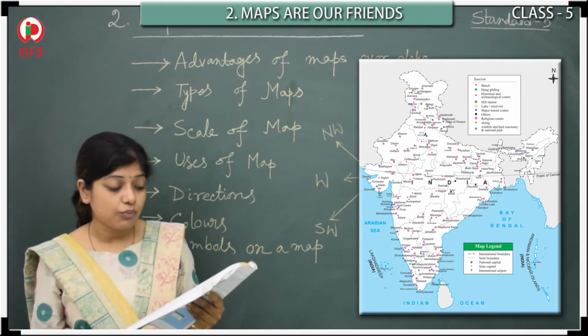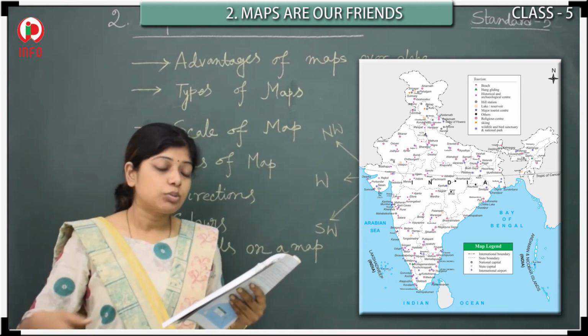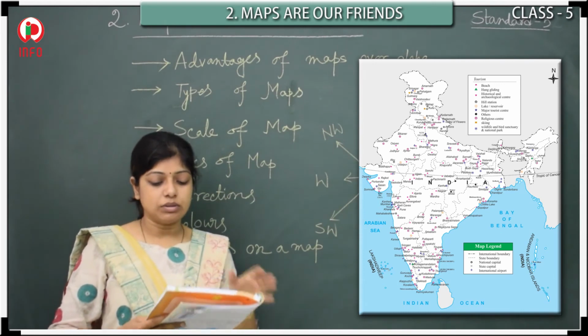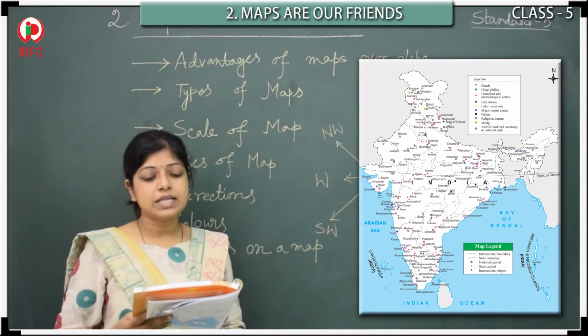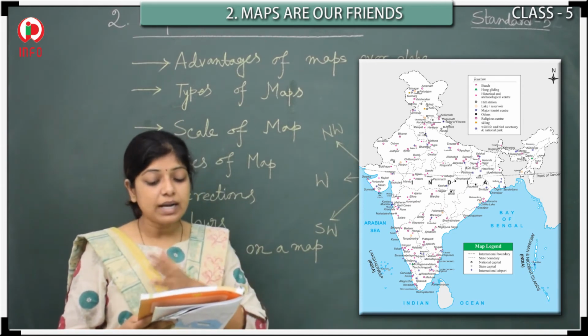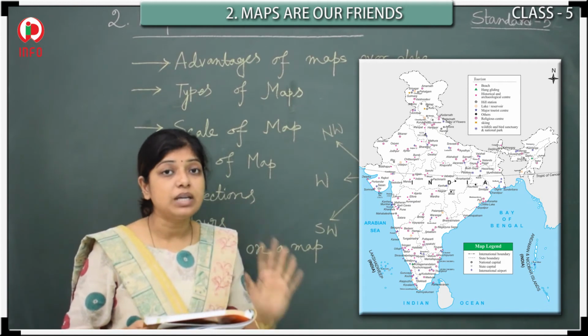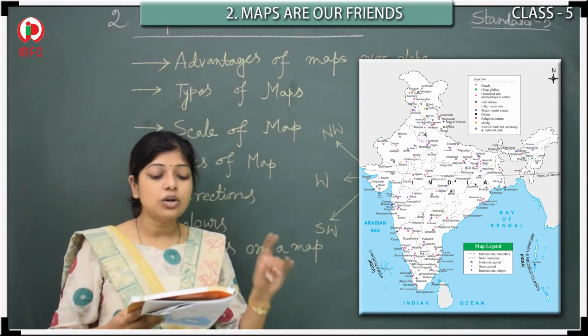The major highways, the roads, the urban areas, the airports, and the different place names, the buildings, the borders. All these things are represented by red.